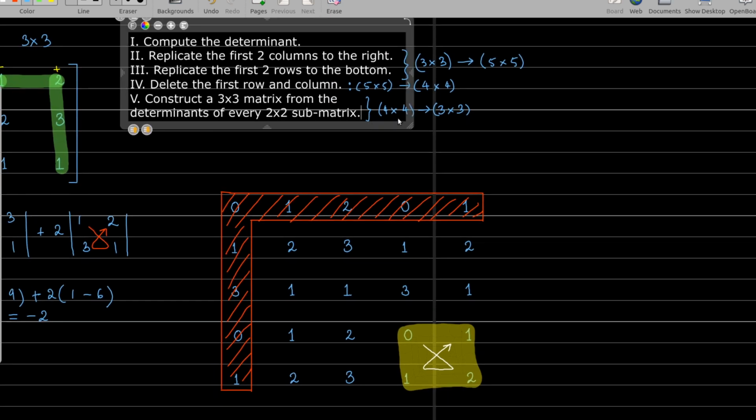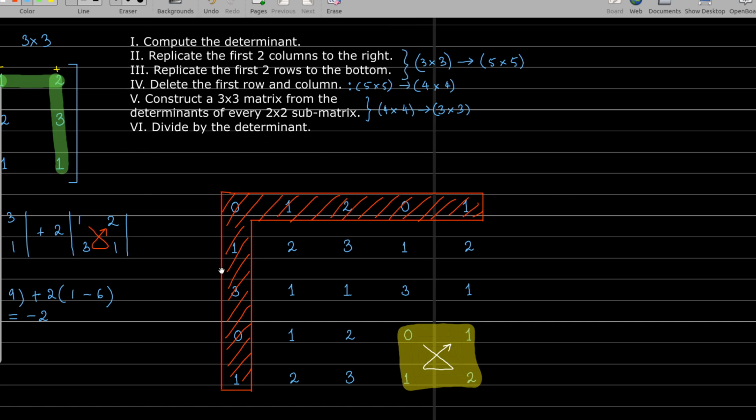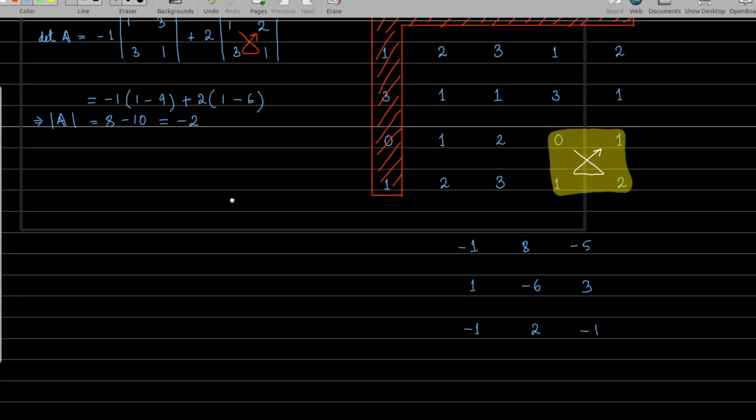Once we are here, after this, divide by the determinant. Divide every element by the determinant. And which is the determinant? The determinant is minus 2.